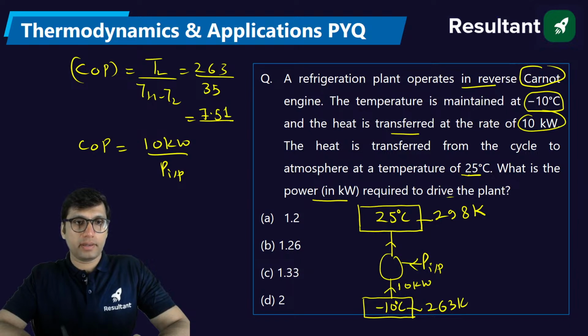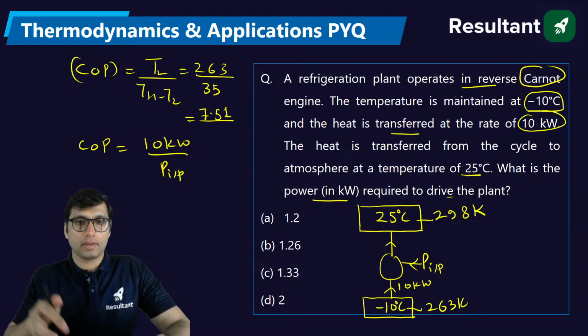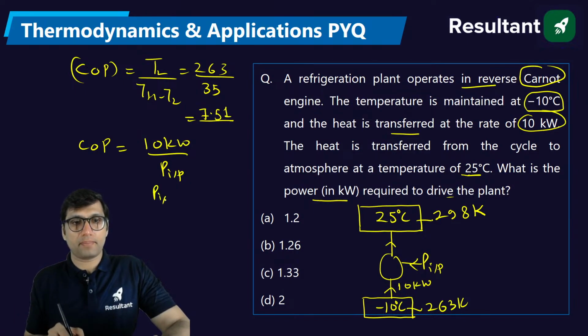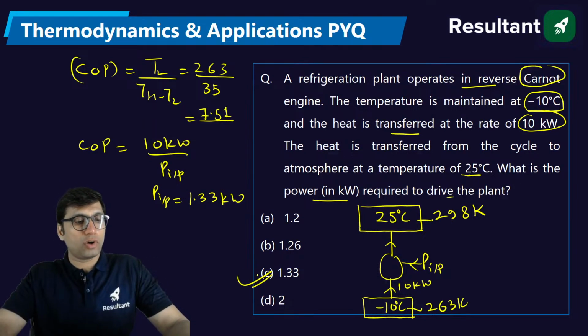Okay, so if you solve it, you will get power input is equal to 1.33 kilowatt. Clear? Is it clear to all of you?